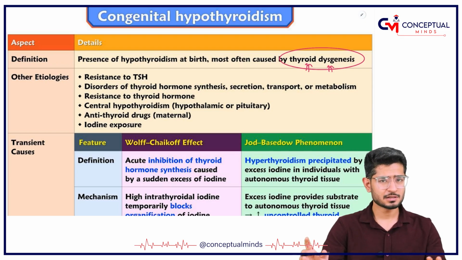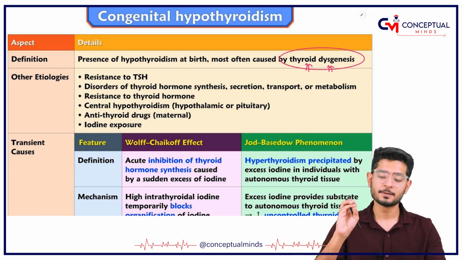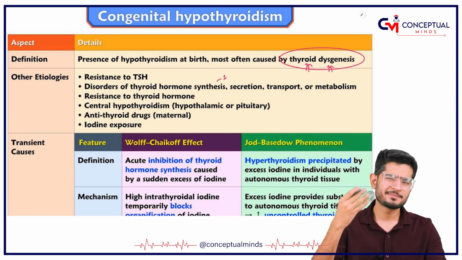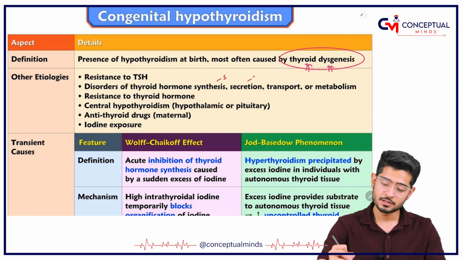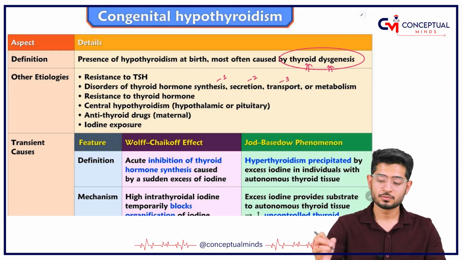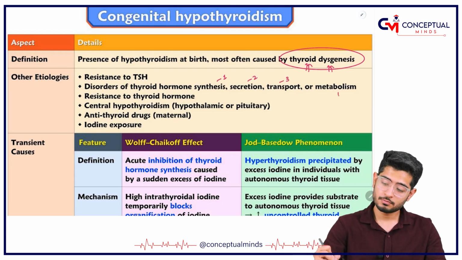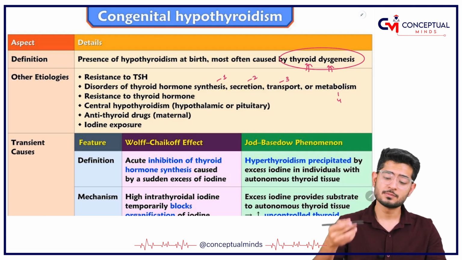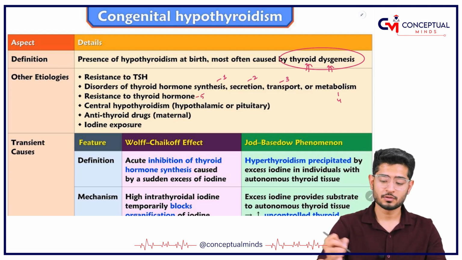What can be the others? Others can be anything, like one, synthesis issue. For example, it is synthesized normally, secretion issue. If not secretion issue, transport issue. If not transport issue, metabolism issue. If not metabolism issue, it is reaching the site but the receptors are not stimulating, so resistance to the thyroid hormone.